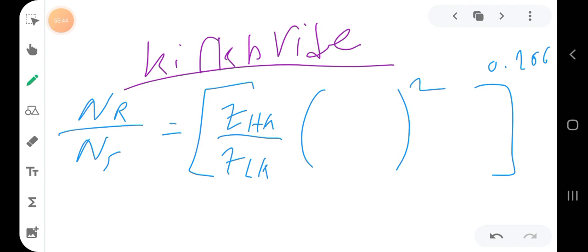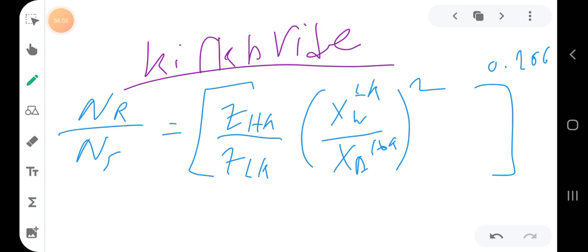But xW of what? Of the light key. And xD of what? Of the heavy key. So again, it is xW of the light key over xD of the heavy key, all squared.